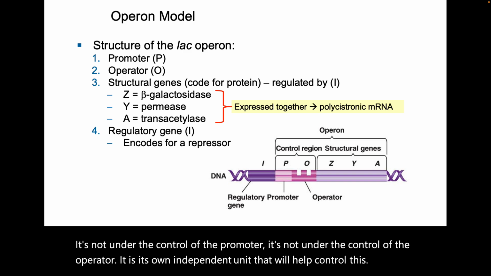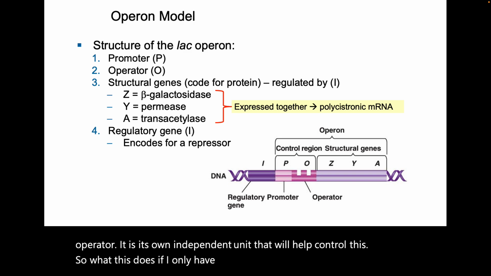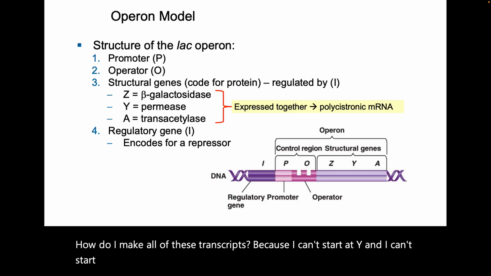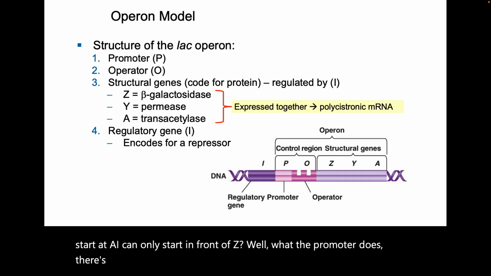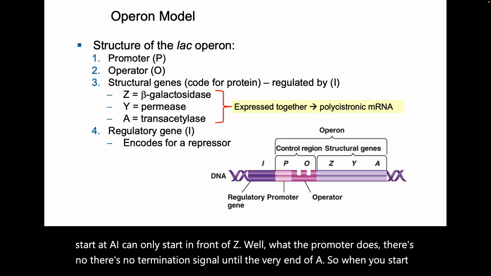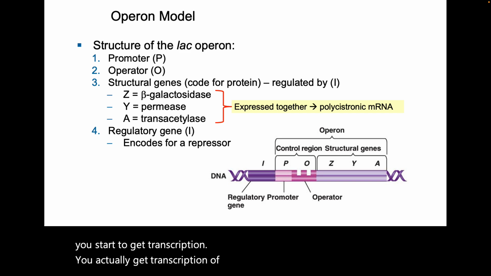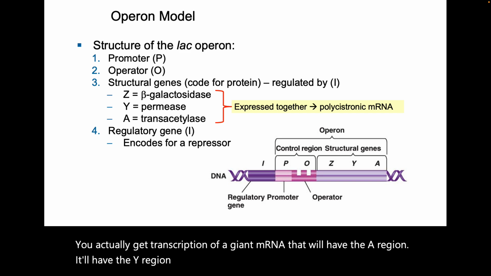So what this does, if I only have one promoter, how do I make all of these transcripts? Because I can't start at Y and I can't start at A, I can only start in front of Z. Well, what the promoter does, there's no termination signal until the very end of A. So when you start to get transcription, you actually get transcription of a giant mRNA that will have the A region, it'll have the Y region, it'll have Z, it'll have this 5' untranslated region.